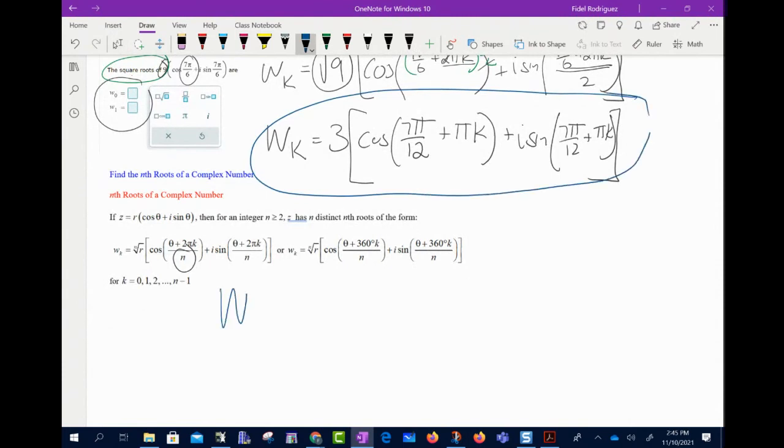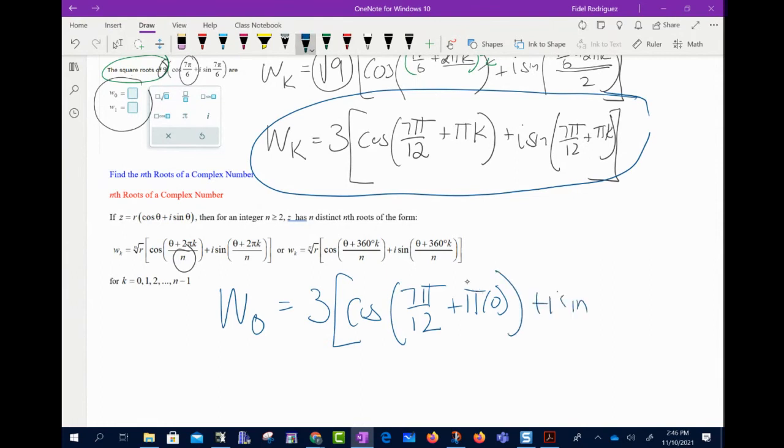I'm going to say, okay, what would W0 look like? It would look like 3 cosine of 7 pi over 12 plus pi times 0, plus i sine of 7 pi over 12 plus pi times 0.